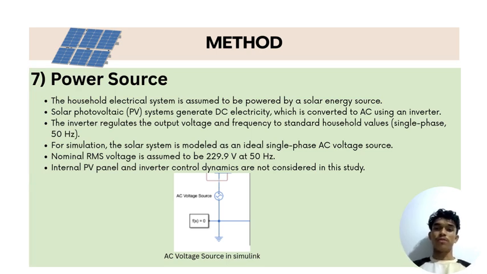For simulation, the solar system is modeled as an ideal single-phase AC voltage source. Nominal RMS voltage is assumed to be 229.9 volts at 50 Hz. Also, the internal PV panel and inverter control dynamics are not considered in this study.